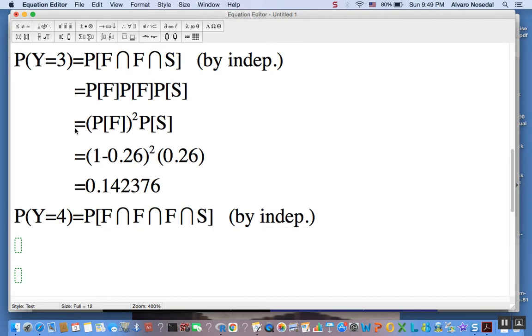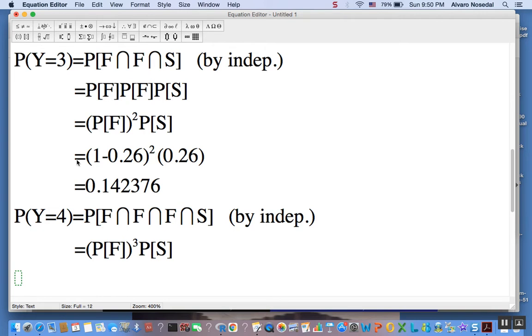Again, using independence, that is going to turn into a product of probabilities. The probability of failure remains constant because the probability of a success remains constant from trial to trial, and then this is just the probability of failure cubed times the probability of success.